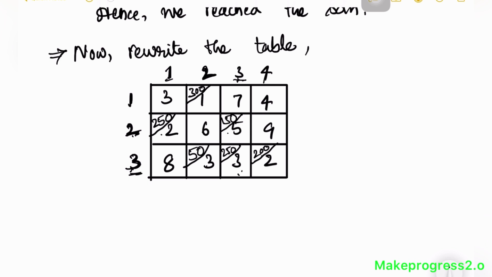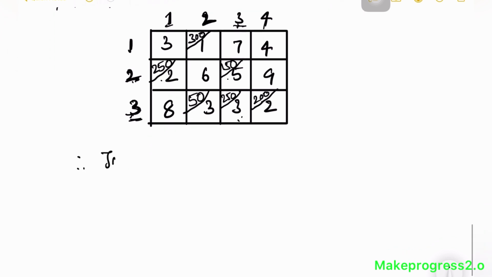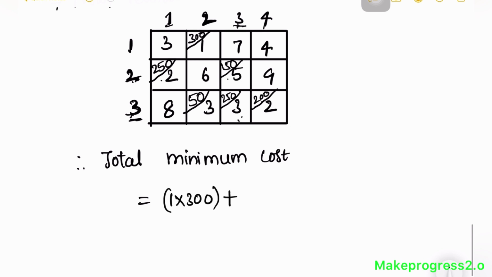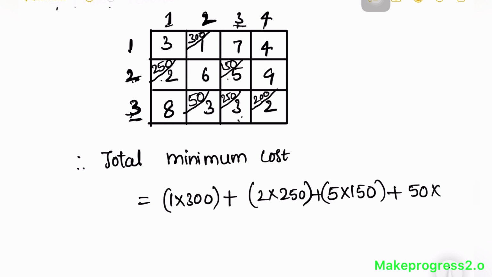So since we got the values, now for finding the total minimum cost, we have to multiply the corner values with the cell values. That is 1 into 300 plus 2 into 250 plus 5 into 150 plus 50 into 3 plus 250 into 3 plus 200 into 2.